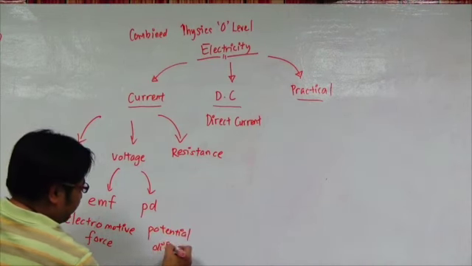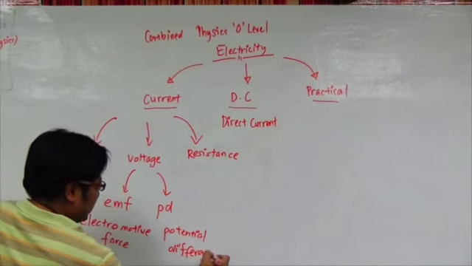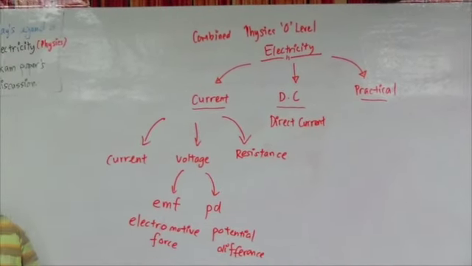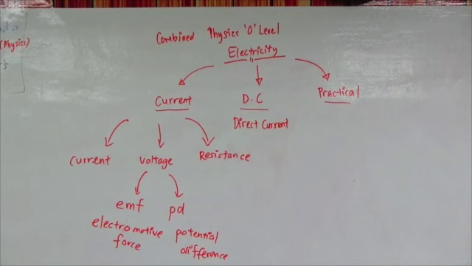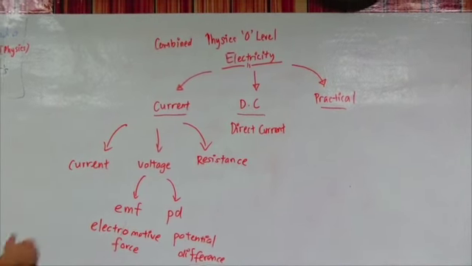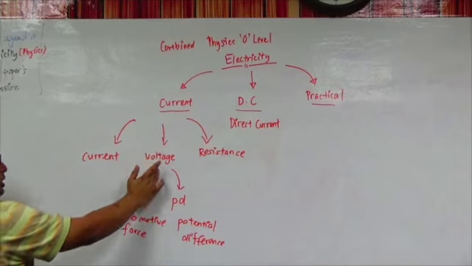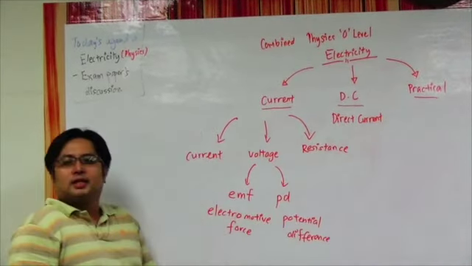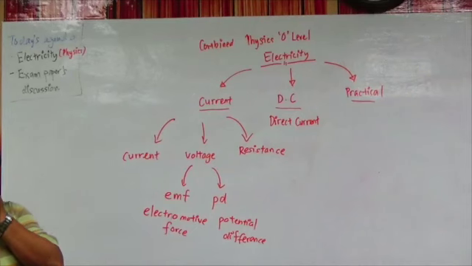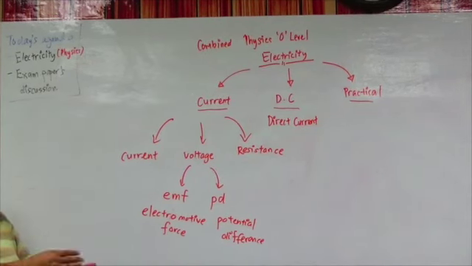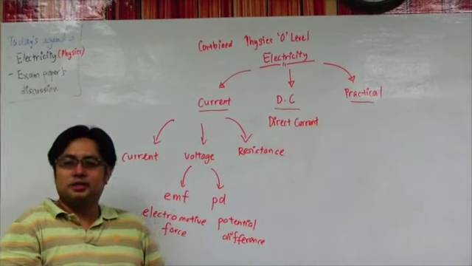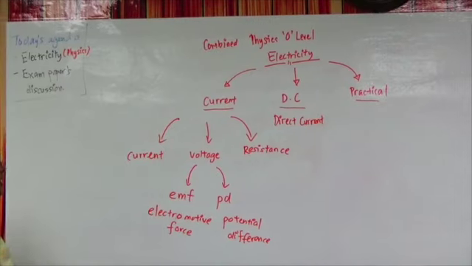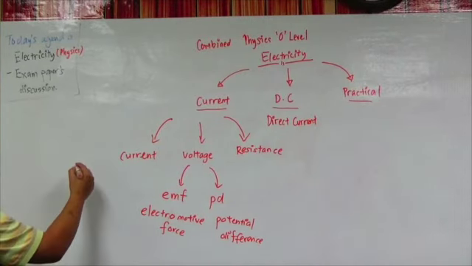So you're going to see a lot of big words, and it can be quite intimidating. So we need to know what is current. We need to know what is voltage in terms of EMF and PD. We need to know what is resistance. So we're going to cut them into small pieces so that you can truly understand what it is. Okay, so what is current?